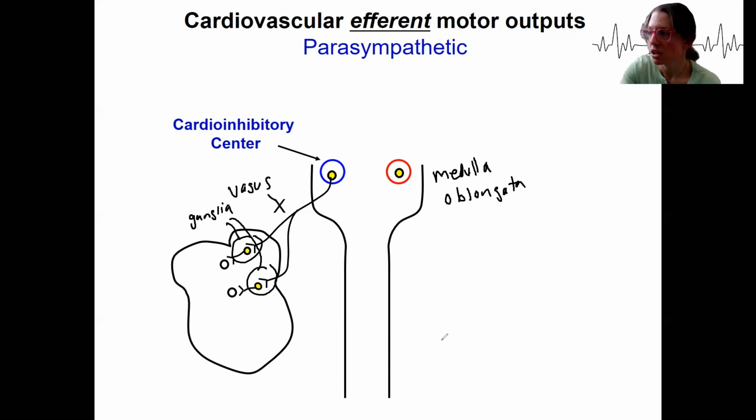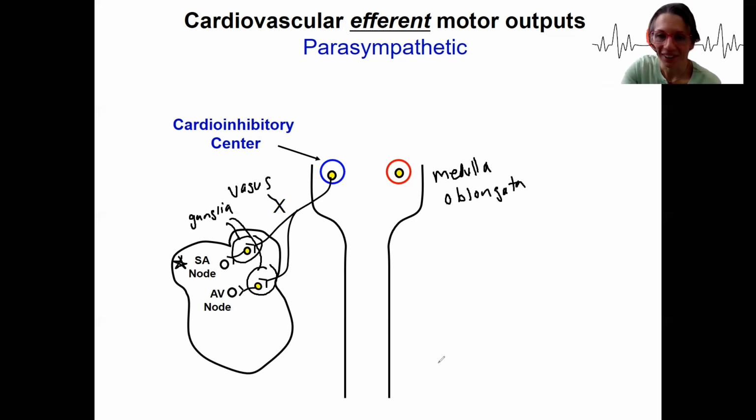Those are the nodes. So both the SA node and the AV node are contacted by this parasympathetic nervous system. It's going to slow down the firing at both of these nodes. This one's the primary one that kind of makes sense to think of. It's faster to start with. It's the one that's controlling heart rate when it's functioning.